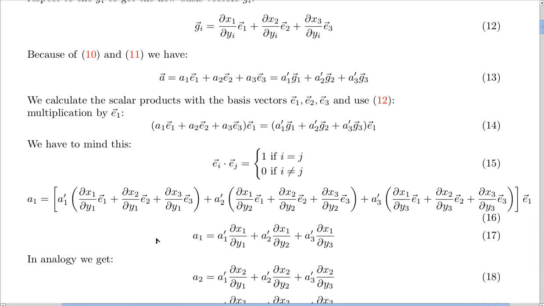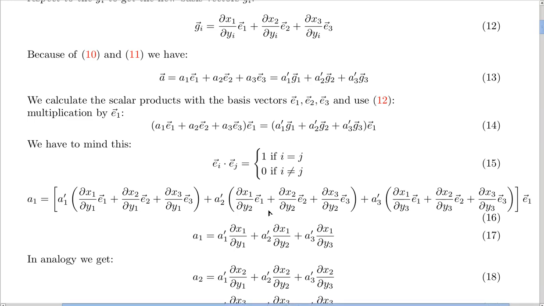Okay, and so that means the second and third addend here vanish because the indices of the e vectors are unequal.